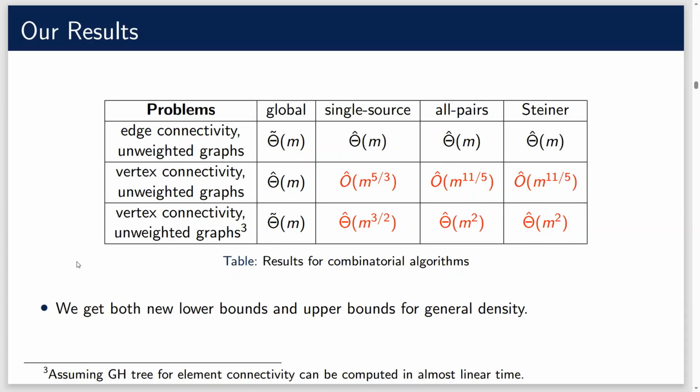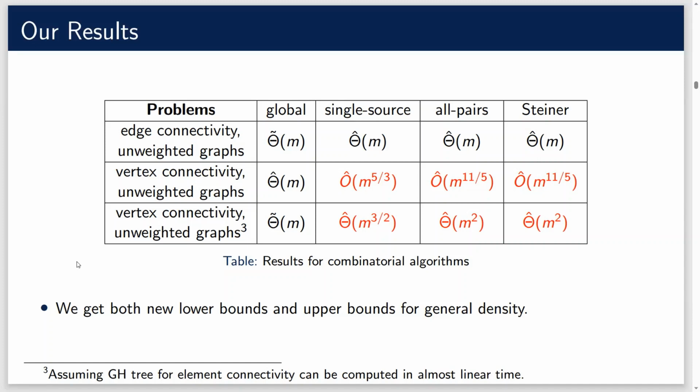Also for general density, we obtain these results. For edge connectivity, they are all almost linear, but for vertex connectivity, the new upper bounds are O hat m to the 4/3 for single source, and O hat m to the 2.2 for all pairs and ST. If we further assume the Gomory-Hu tree for element connectivity can be computed in almost linear time, then we obtain both tight lower bounds and upper bounds for graphs with general density.